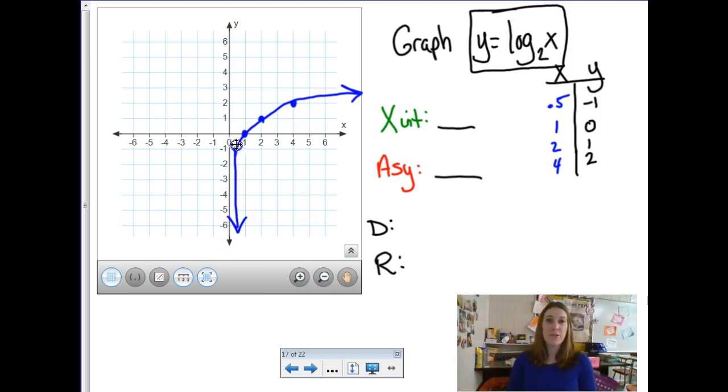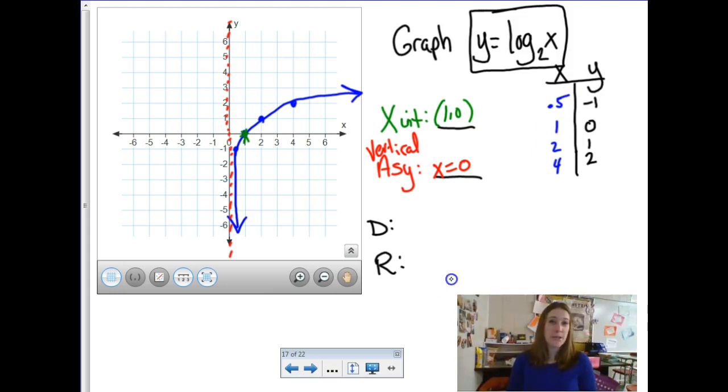It does come down and skate along the vertical asymptote line. Just like earlier in the growth question we had a horizontal asymptote, in logarithms we're going to have a vertical asymptote. We'll label it: vertical asymptote, which is at the line x equals 0. And just like the other one had a y-intercept at 1, this guy has an x-intercept at 1, which is the ordered pair (1, 0).